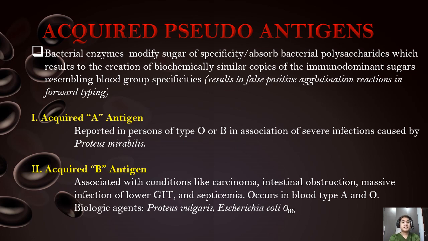So two clinically significant pseudoantigens that are very famous during board exams and board exam reviews are your acquired A and acquired B antigens.